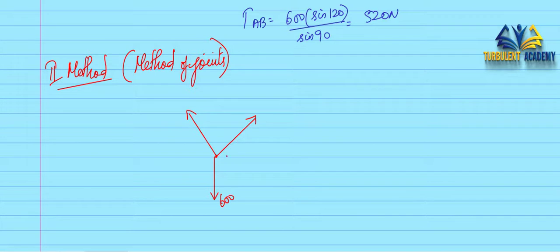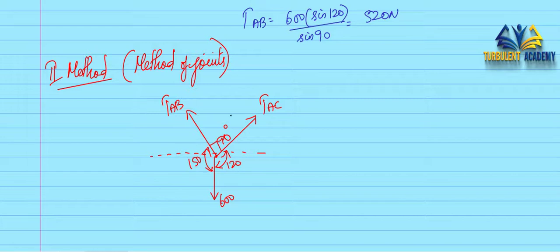So it's 600, and this is going to be 120, this is going to be 150, and this is going to be 90 degrees. We should know the horizontal forces and vertical forces. So this is TAC, this is TAB, and this is 600 Newtons as said in this problem.